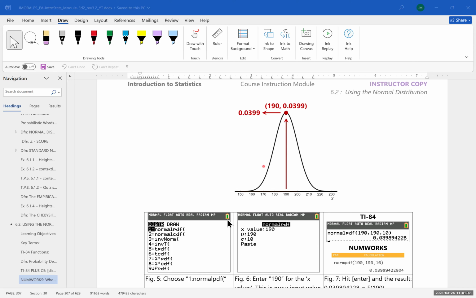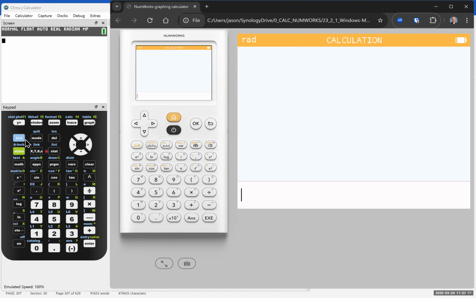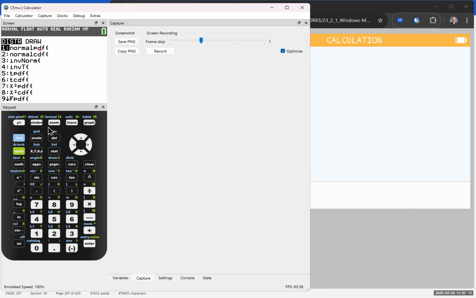So let me bring both of those up, and we'll see if we can do both at the same time. Okay. So first, on the Texas Instruments, we want to get to the distribution functions. So you can see it's distribution in blue. So I'll hit second, bars, and you can see here it's showing me normal PDF.